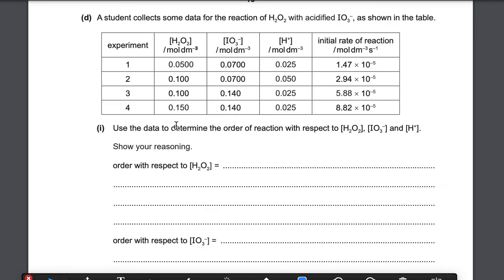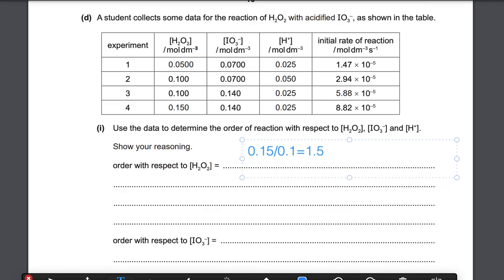So when we divide 0.15 by 0.1, what do we get? 0.15 divided by 0.1 is 1.5.